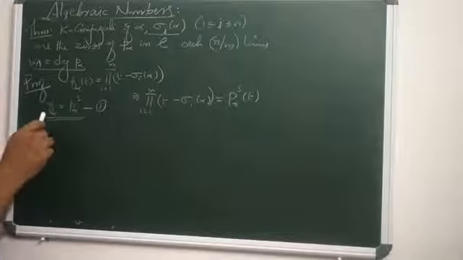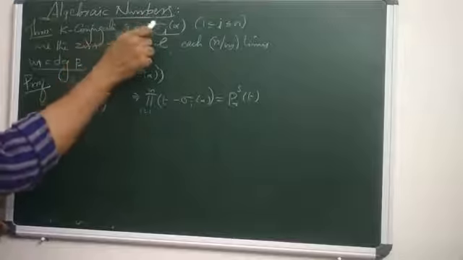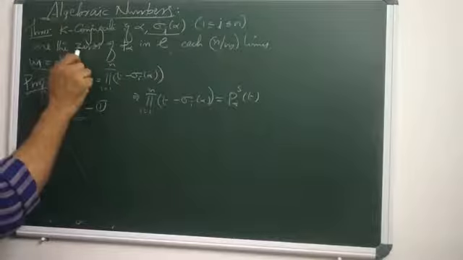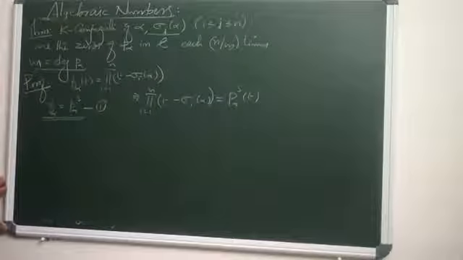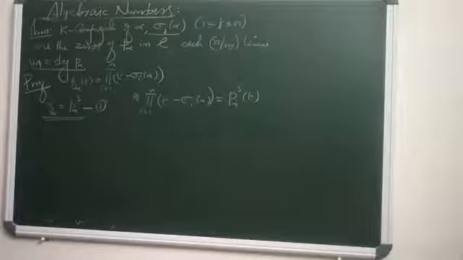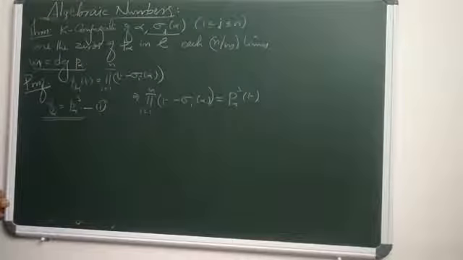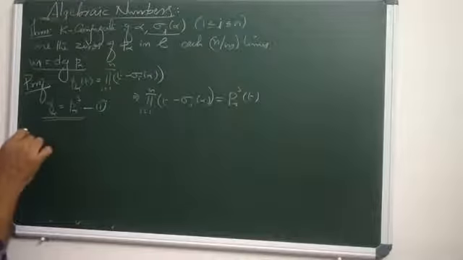Okay, f alpha is p alpha power s, and the sigma I alpha, that is the conjugate of alpha, are the zeros of p alpha in C. That means, according to this argument, the product I ranges from 1 to n of t minus sigma I alpha is nothing but p alpha power s of t. Agreed? Okay.